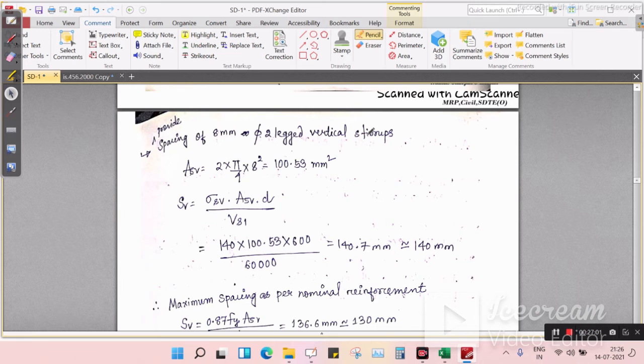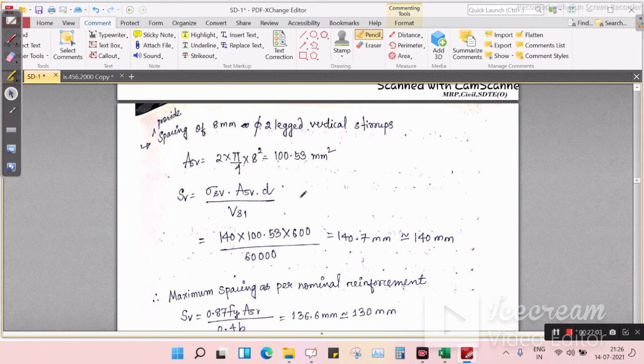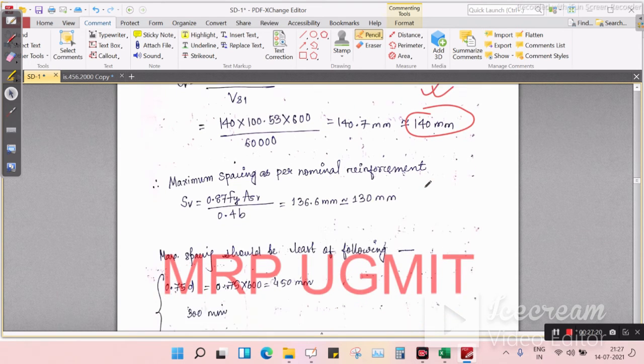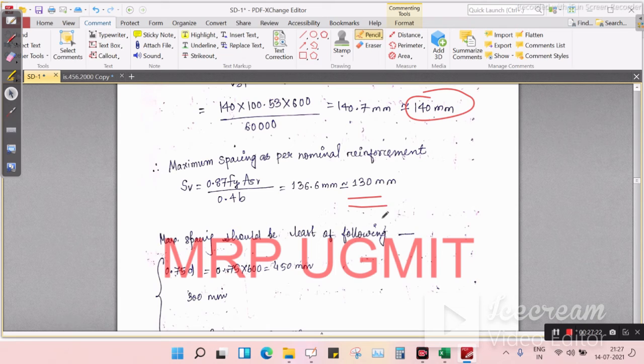So provide spacing of 8 mm 2 leg stirrups. Suppose we take 8 mm, 2 leg vertical stirrups. So ASB is 100.53 mm square, spacing is 140 mm, maximum spacing is 130 mm.